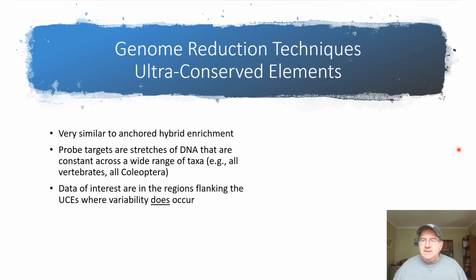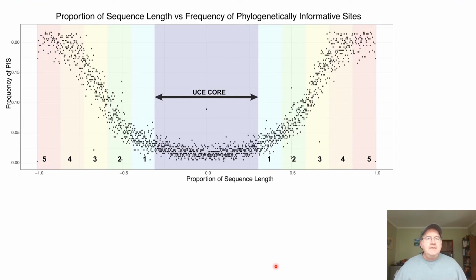Here's a graphic to show you that. So what do we have here? So imagine we have a chunk of DNA. So this is the proportion, excuse me, of the sequence length. So we're starting here in the middle of the ultra conserved area, and then 50%, 100% in one direction, 50%, 100% in another direction. Here's the UCE.